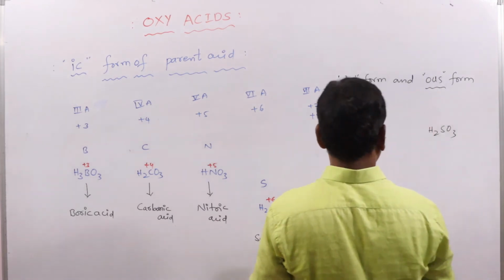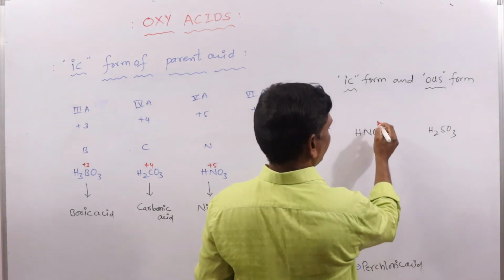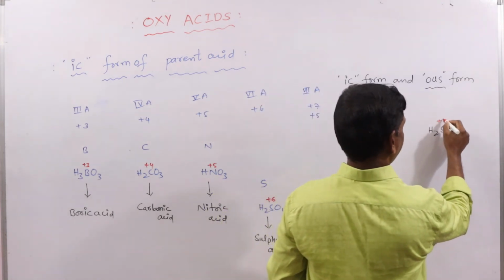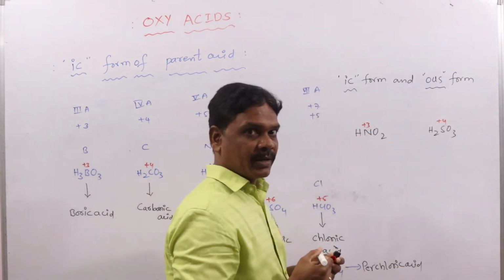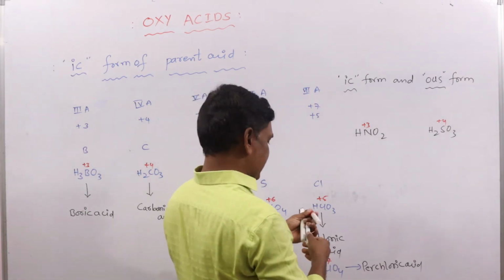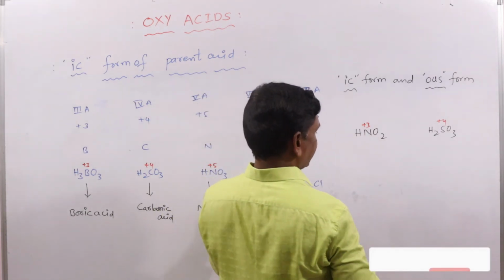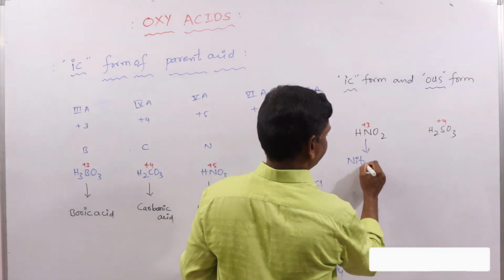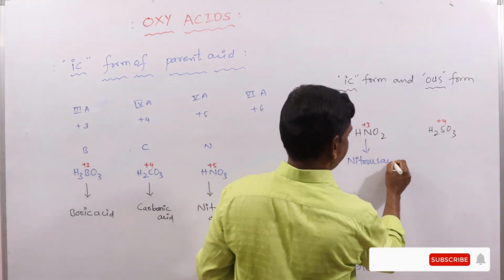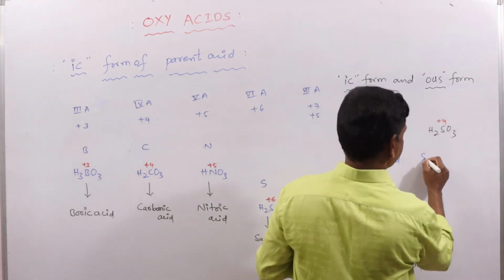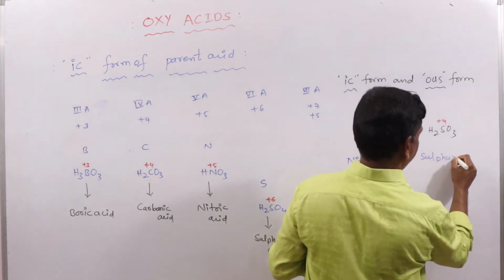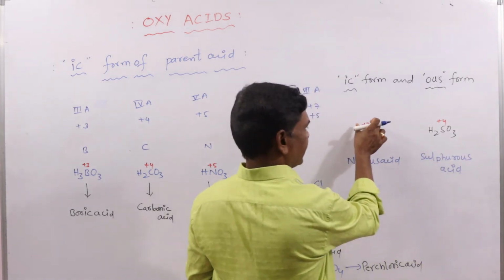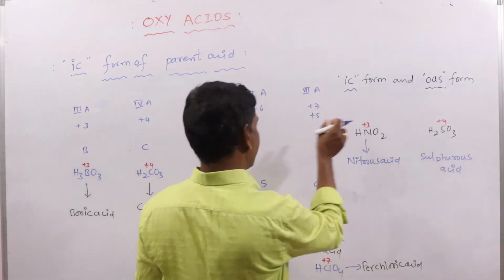In HNO2, the oxidation state of nitrogen is +3, and here the oxidation state is +4. The name of HNO2 is nitrous acid, and this is sulfurous acid. So this is the oxidation state which is less than the group number.